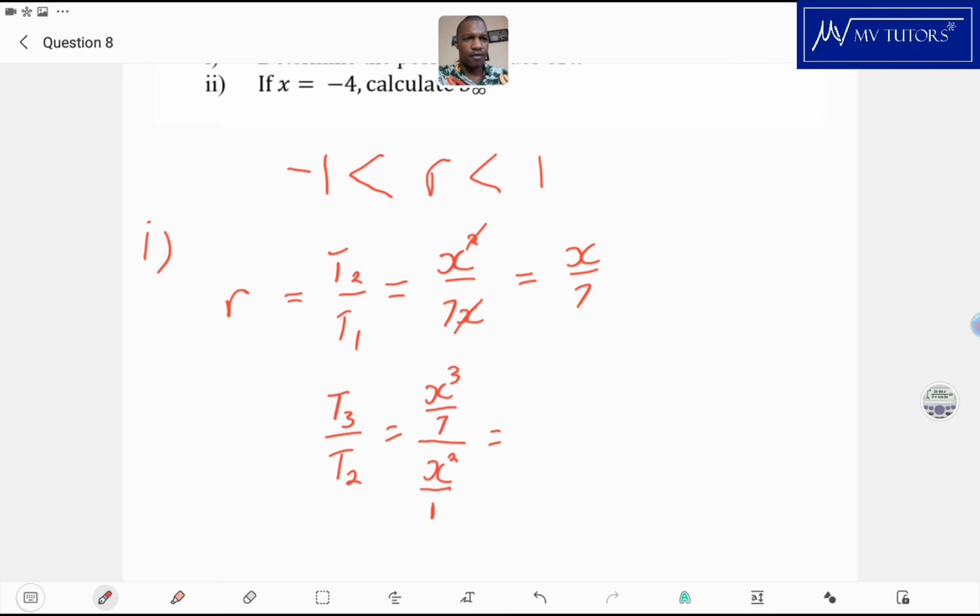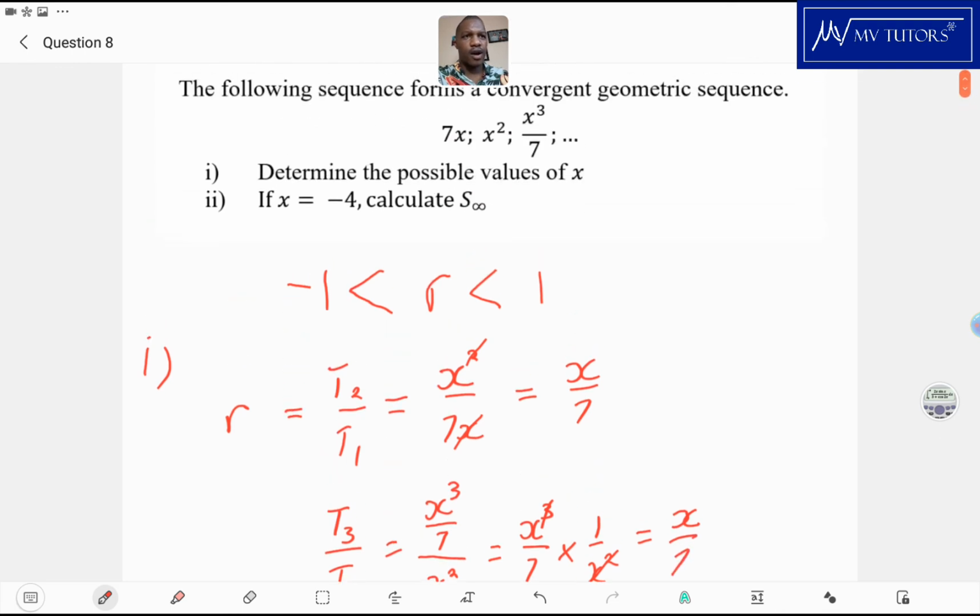Once I have 4 terms, I can put the first and second exactly as it is. And when I multiply, then I have to take the reciprocal of this one, which would be 1 over x squared. So 2 x's cancel that, and I'm left with x over 7. So that's our R.